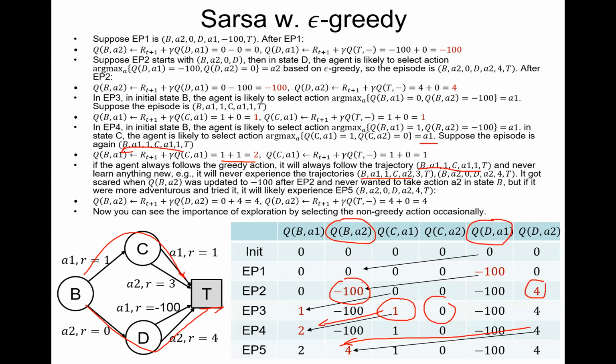But in fact, if you had epsilon greedy, you will try it again. And you will discover that there's a pretty good sequence of actions that leads to a total return of 4. So you can see the importance of exploration by selecting the non-greedy action occasionally.